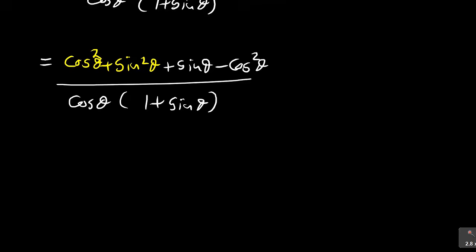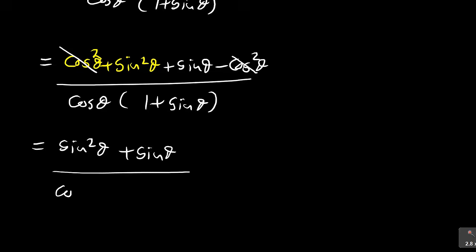Then I can now move on to cancel cos squared and cos squared. See what I'm left with? I'm left with sine squared theta plus sine theta all over cos theta, and this 1 plus sine theta. Are you seeing that? Then you can factorize here.